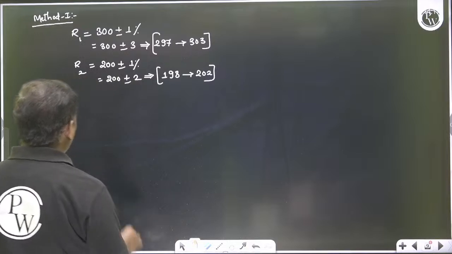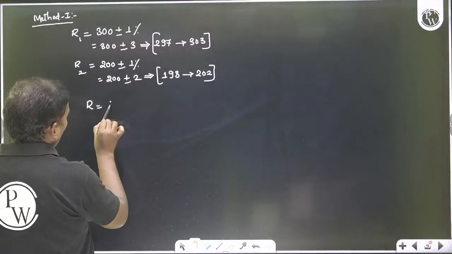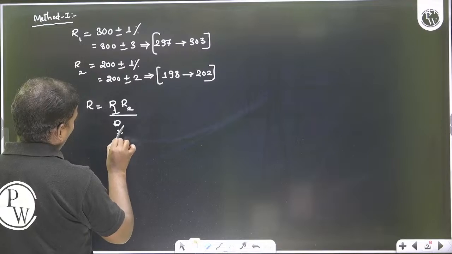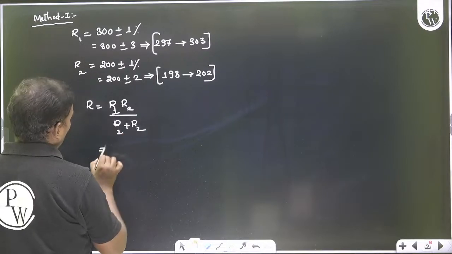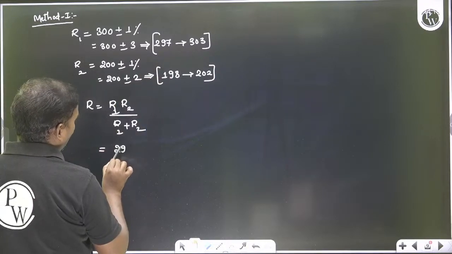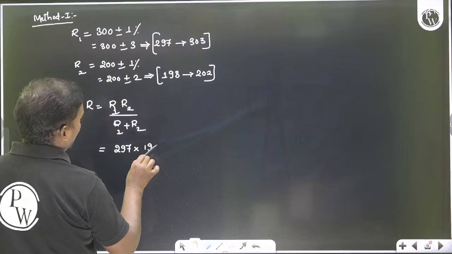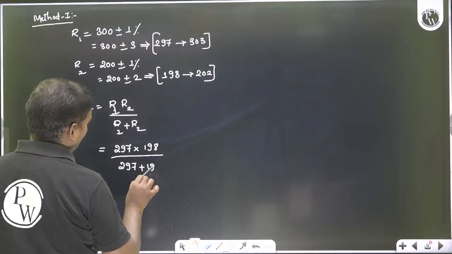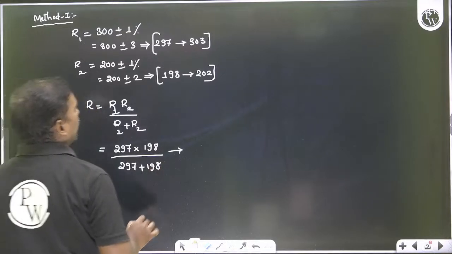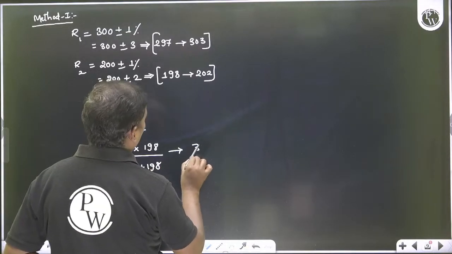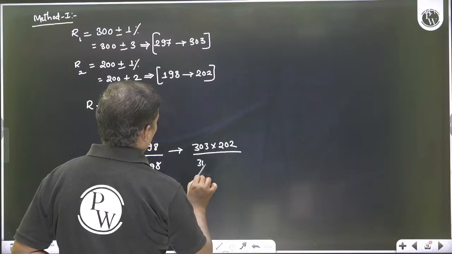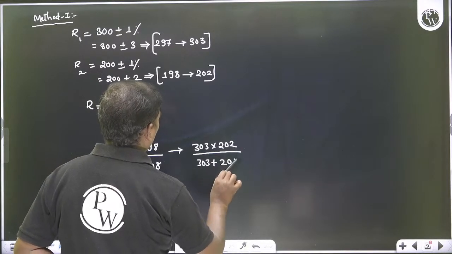Now I can take R equal to R1 R2 by R1 plus R2. If you take 297 and 198, it is 297 into 198 divided by 297 plus 198, or you can go with the other one, 303 into 202 divided by 303 plus 202.